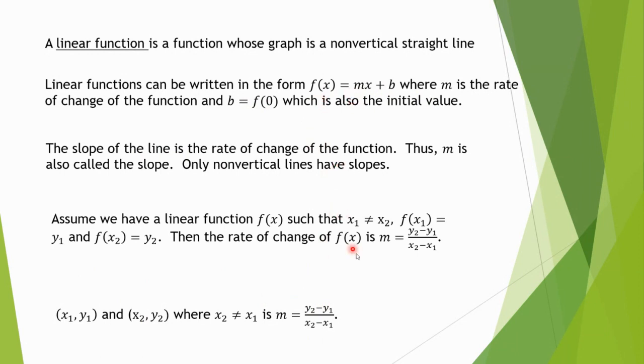And the way you actually calculate it is using this formula. Namely, you take two different inputs, x1 and x2, and you calculate the difference of the y values over the corresponding difference of x values. I think we may have to do some examples of that. But this is what the rate of change, also called the slope, is.